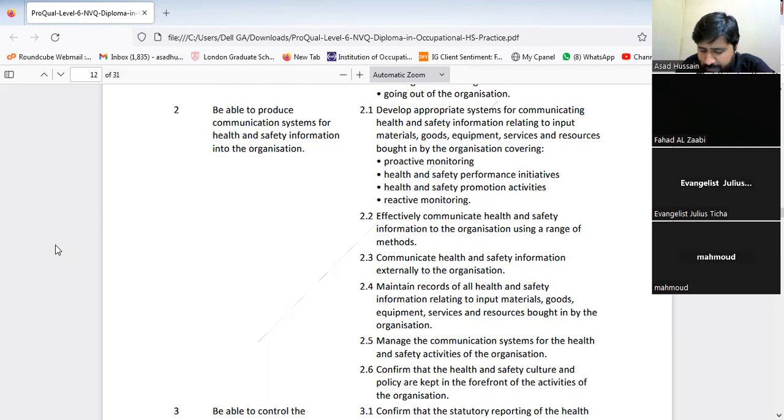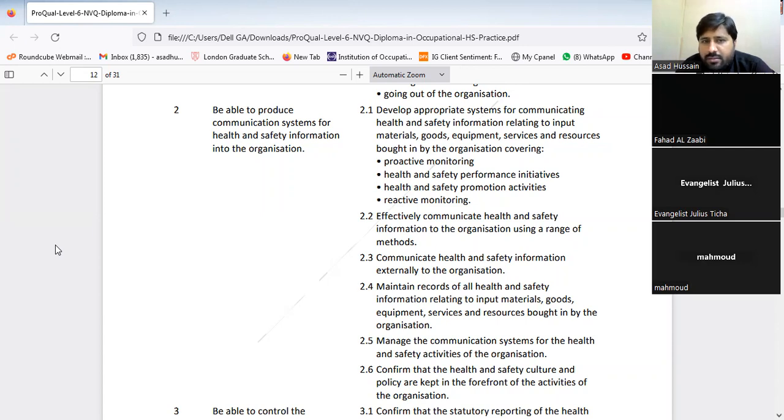Okay. Now you have 2.4, maintain records of all health and safety information relating to input materials, goods, equipment, services, and resources bought in by the organization.